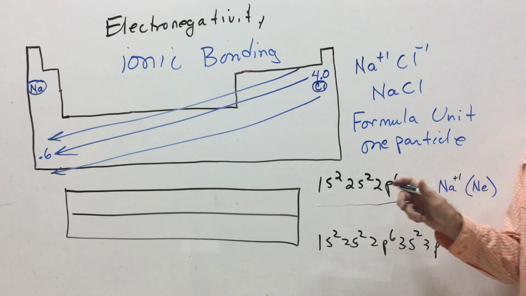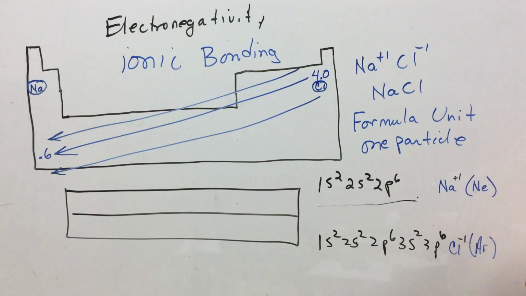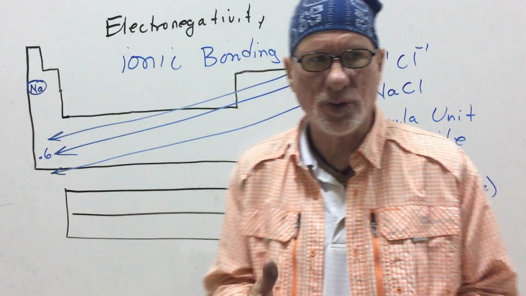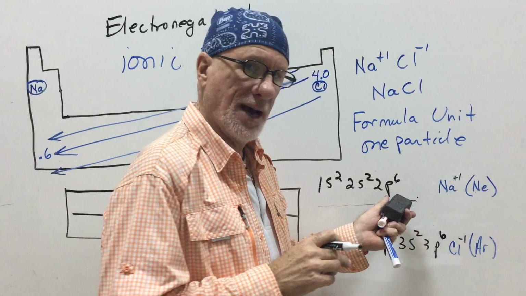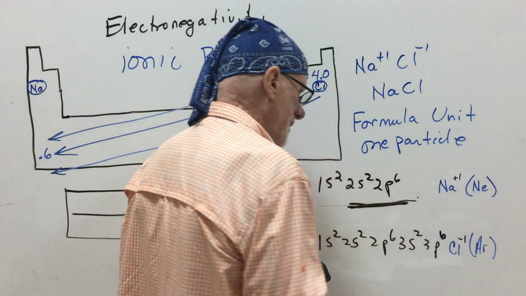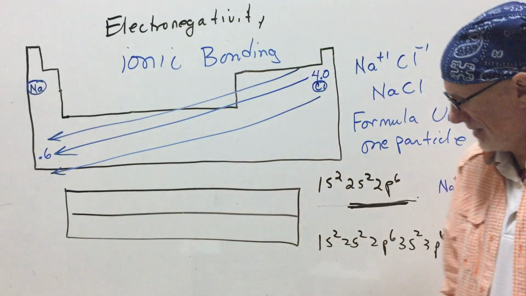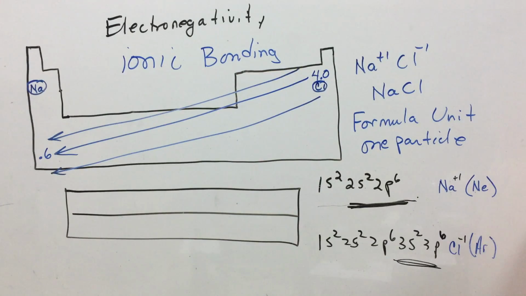And that has a valence shell similar to neon. So that's how the metals will satisfy the octet by giving up electrons. So you can see right here, here's the octet, that's neon, and then here's the octet for chlorine, argon.